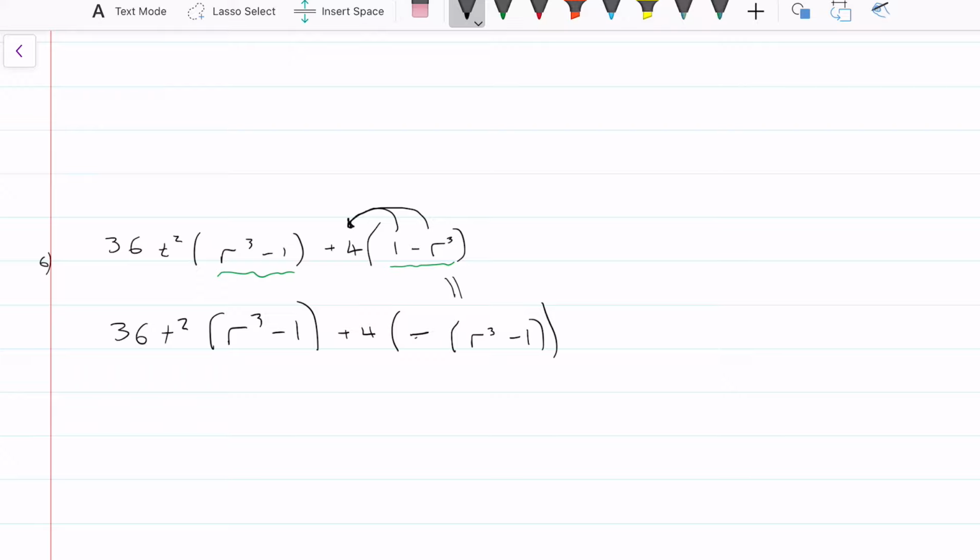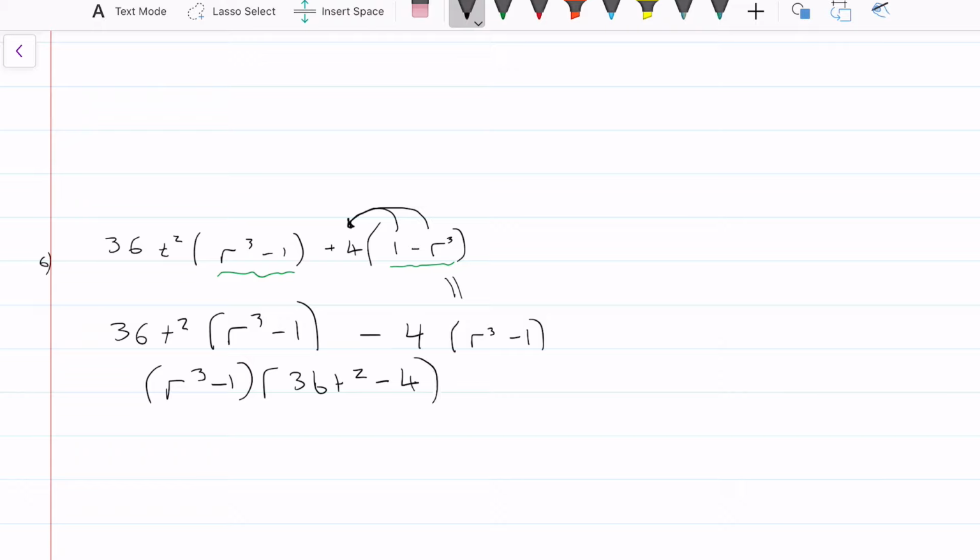So now what we do is, instead of having the minus there, we're just going to take it out and put it in front of the 4. So we're going to have minus 4. Okay, now that we have these two being the same, we can just group the r cubed minus 1, and we're left with 36t squared minus 4.